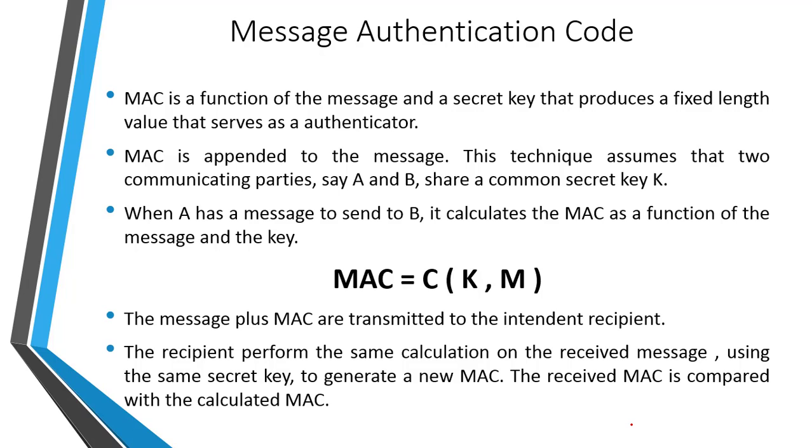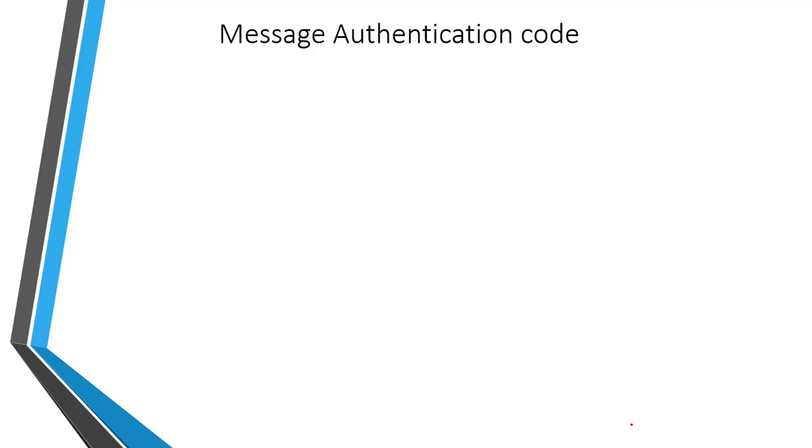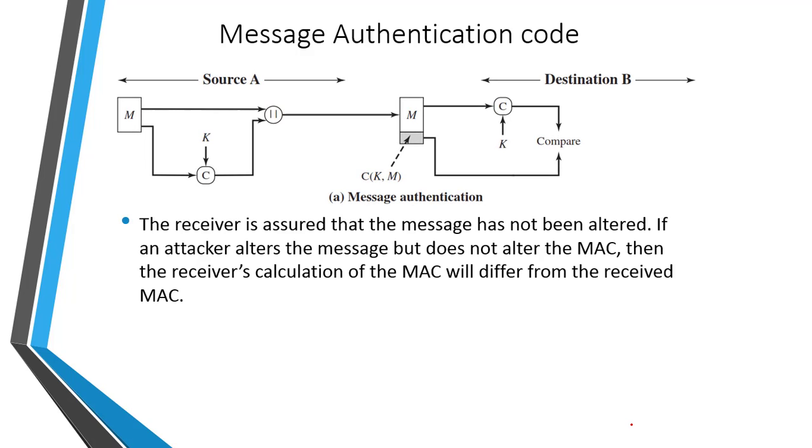Now we will see how message authentication code is applied between the sender and the receiver. So first method is, first of all, the source will calculate the MAC, where C is the MAC function, using the message and the shared secret key between the sender and receiver.